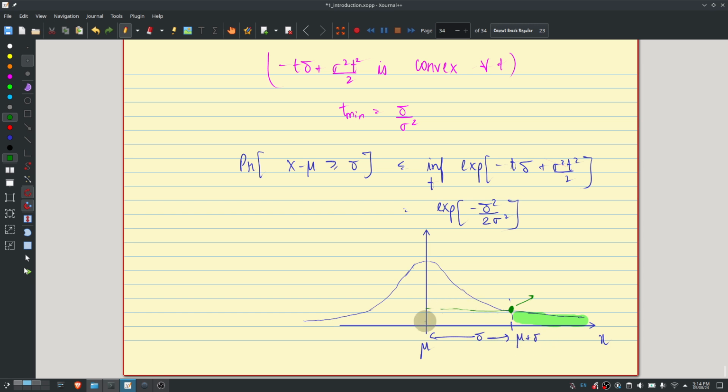I'm sorry, what is the value of the PDF at this particular point? This is fx of mu plus delta. And what is fx of mu plus delta?